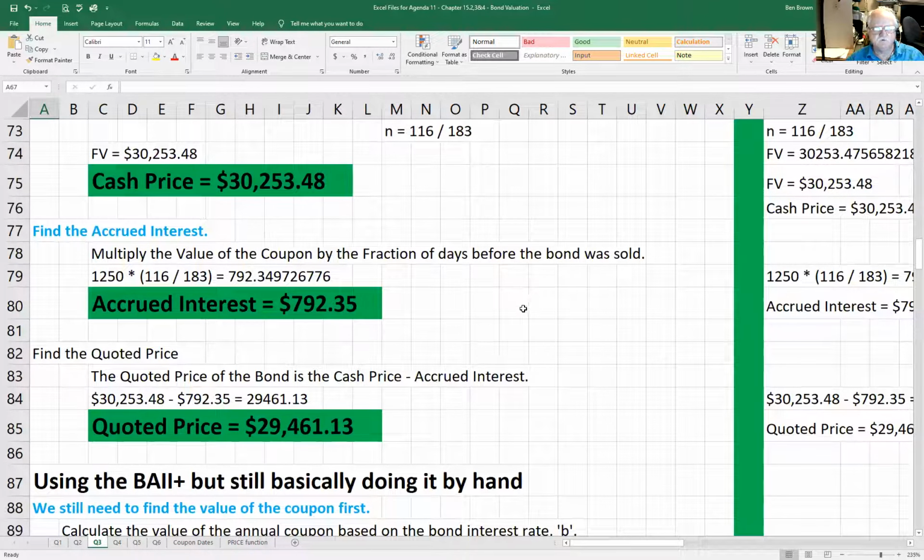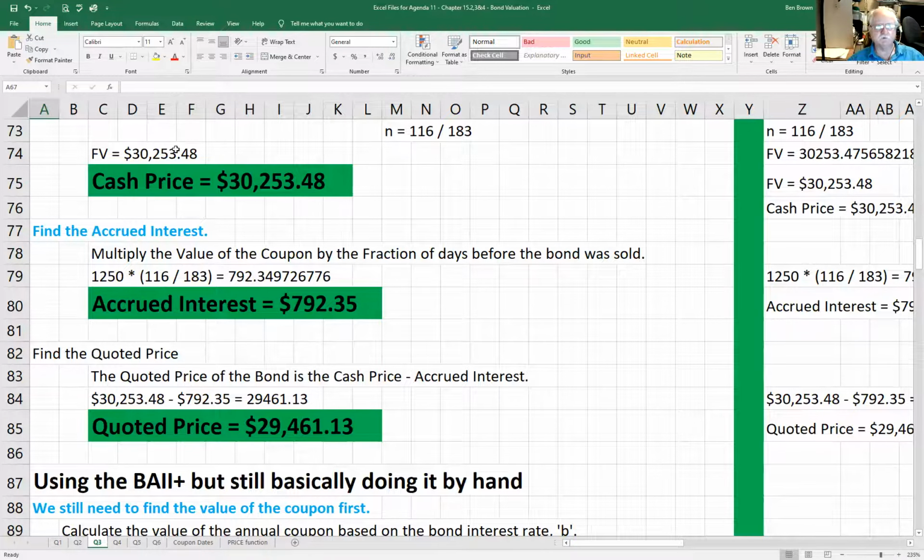And then they do this other calculation called the accrued interest to get what would be called the quoted price on the bond. Because what they call the quoted price is based on the fraction of the coupon for that amount of time. So if we just took the coupon itself, multiplied it by that fraction that we created, we'd get this 792.35.